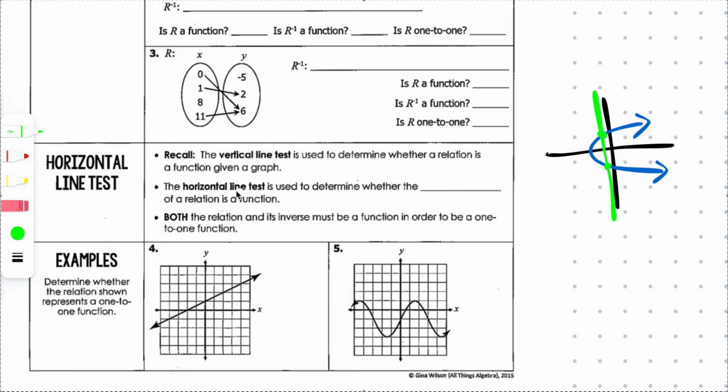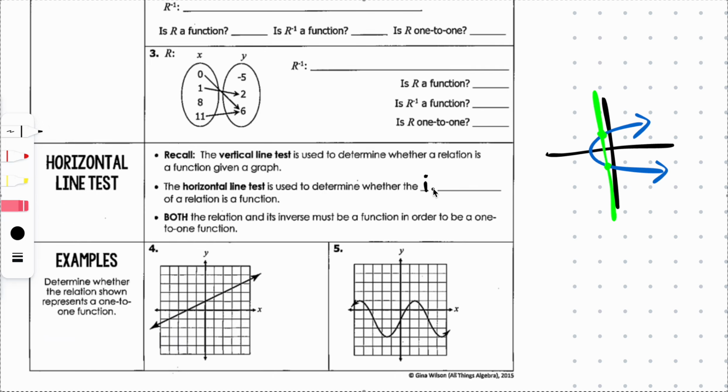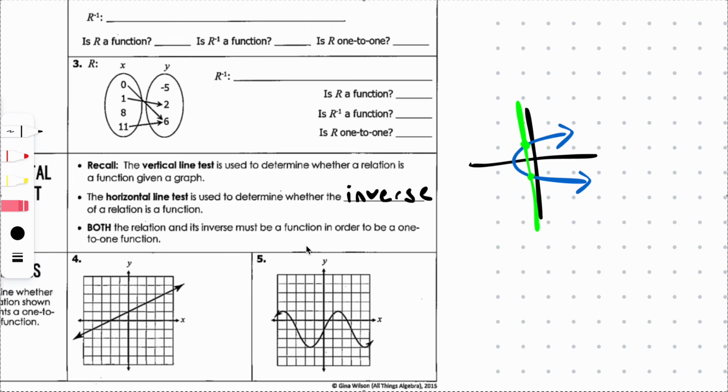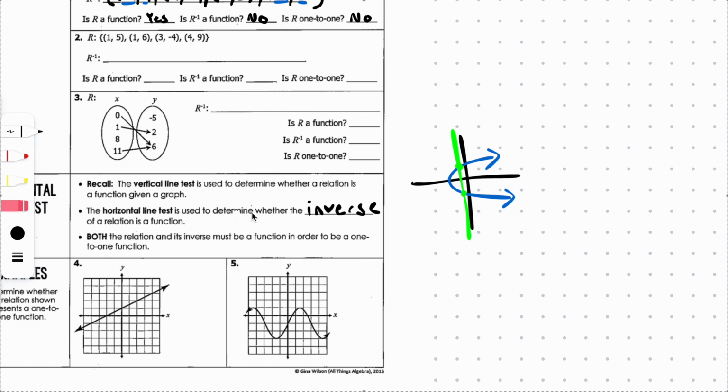Similarly, we can use the horizontal line test to determine whether the inverse of a relation is a function. So in this case, let's take this.